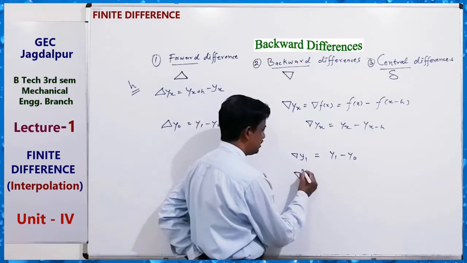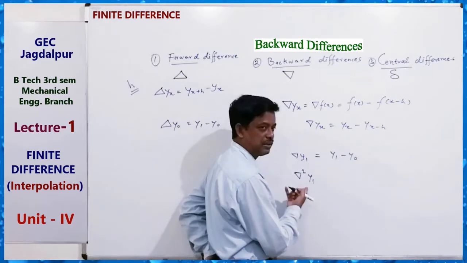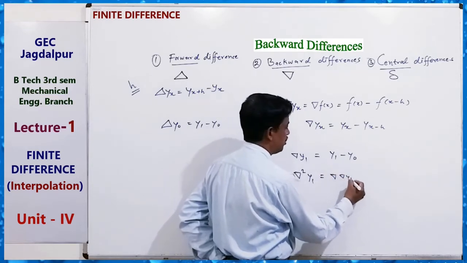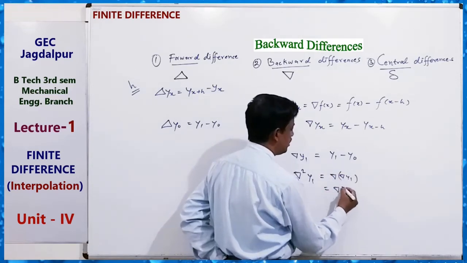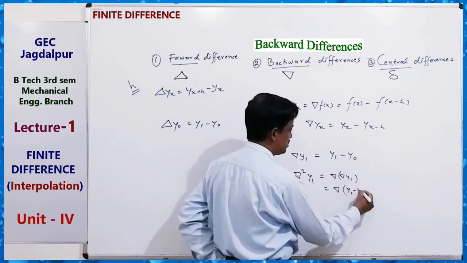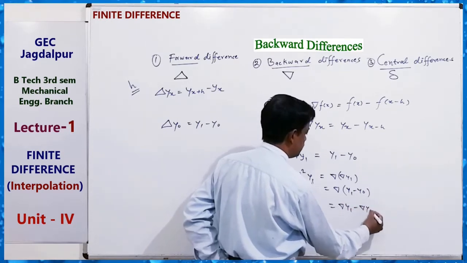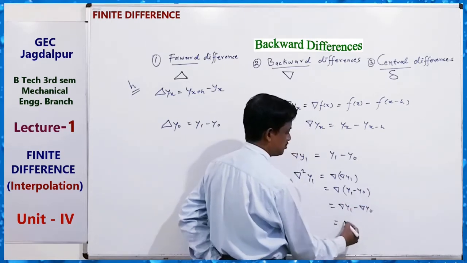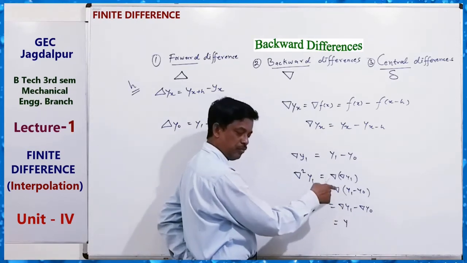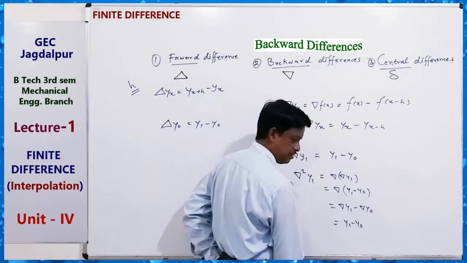Similarly, we can find the second order backward difference. ∇²y1 we can write as ∇ of ∇y1. ∇y1 means y1 minus y0. This is distributed: ∇y1 minus ∇y0. Now you can solve it. From y1, y0 is subtracted.